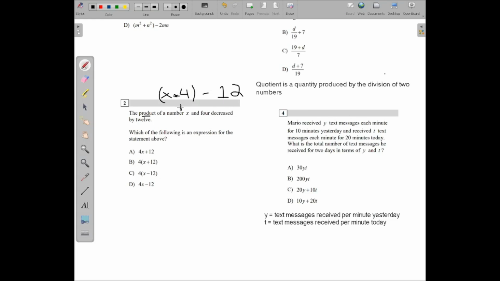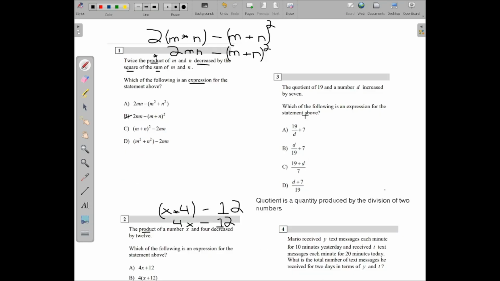So again, let's simplify this. 4 times x minus 12. Decrease means minus, which is answer D.